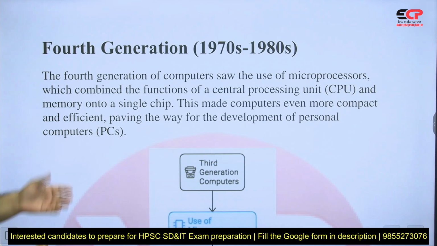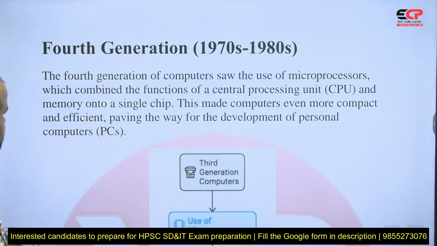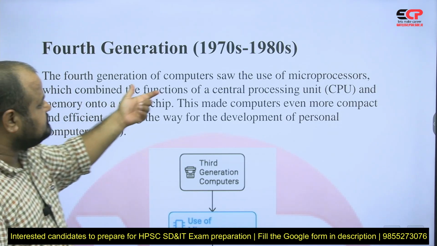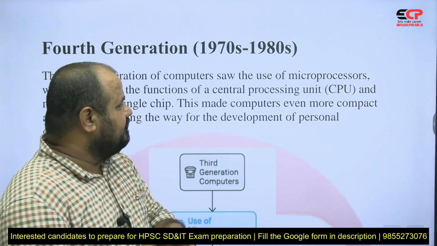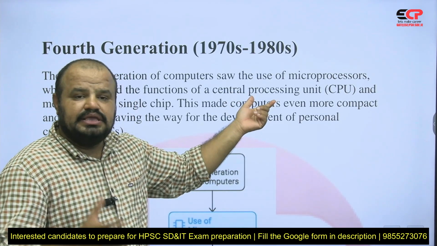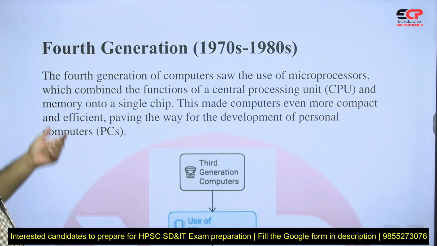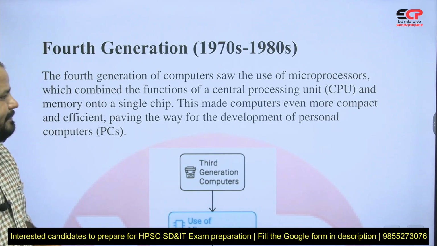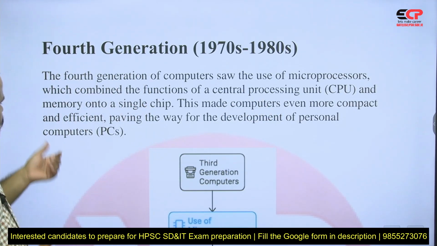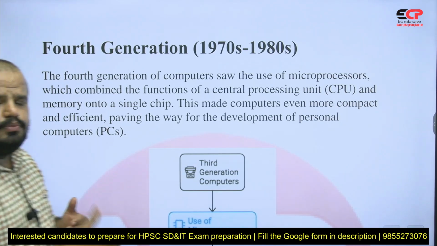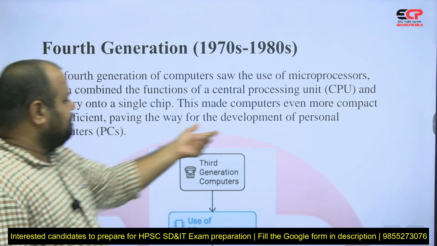Here we use the microprocessor, which combines the function of a CPU, the central processing unit, which I can say is the heart of the computer, and memory onto a single chip. This made computers even more compact, meaning smaller in size, and efficient, meaning they perform more calculations, paving the way for the development of PCs.